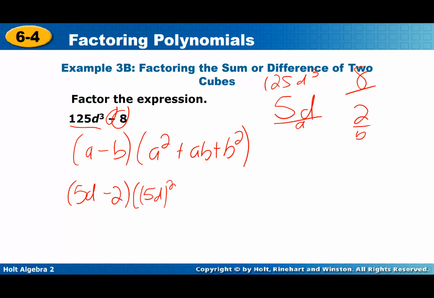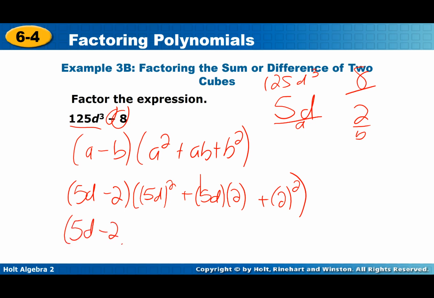I'm squaring both of them. And I'm going to write them in parentheses. I'll write it simplified in the next line. But I do want to point out that you're squaring 5d collectively. A times b, that's obviously 5d times 2, because that's a and that's b, plus b squared. So b again was 2, so it's going to be 2 squared. I'm going to simplify these all in the next and final line here.